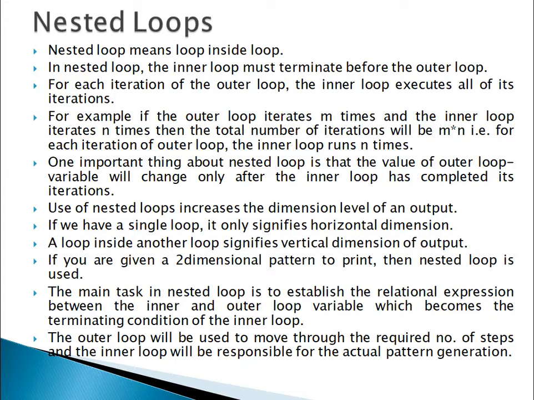So the main task in nested loops is to establish the relation expression between the inner and outer loop variables. Because the outer loop contains the inner loop, there must be a relation between the loop variables of the outer loop and the inner loop, and that relation becomes the condition of the inner loop.